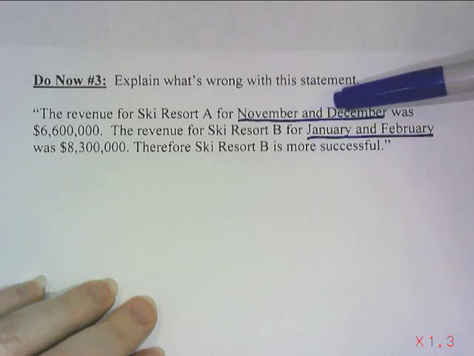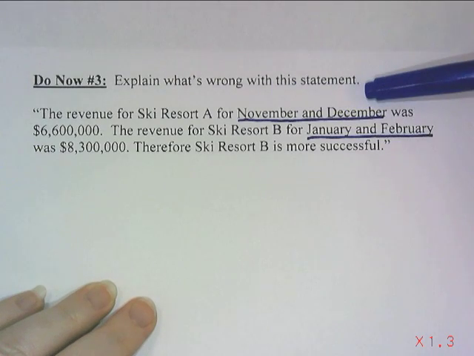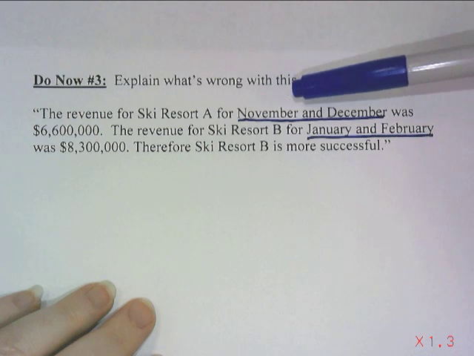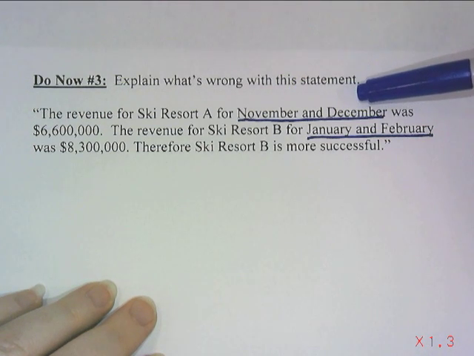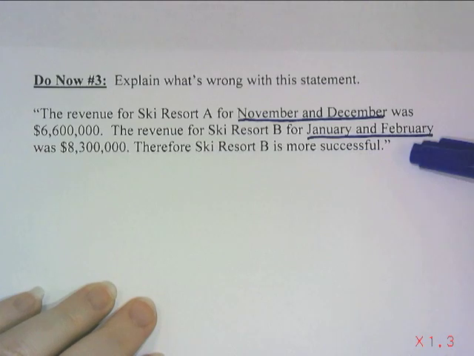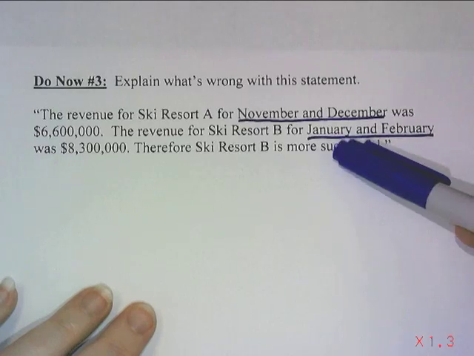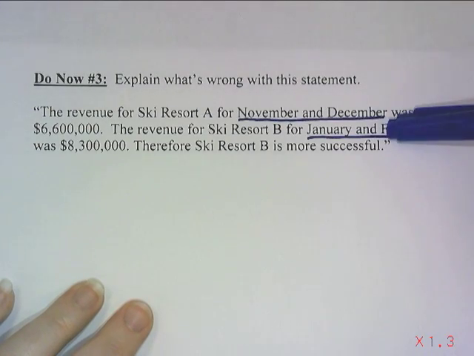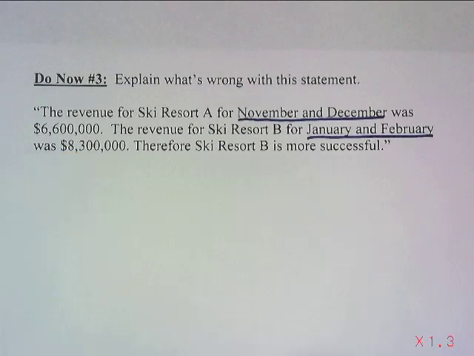We have several holidays where people go and spend with their relatives, and they might be less likely to take a skiing vacation when instead they want to go and spend Thanksgiving or Hanukkah or Christmas with their relatives. In January and February, however, we don't have those type of family holidays, so people might be more willing to go skiing on a weekend. So this is not a fair comparison for us to declare that ski resort B is more successful unless we try to make everything as balanced as possible.